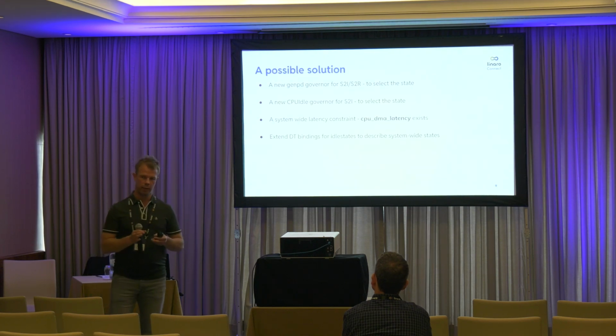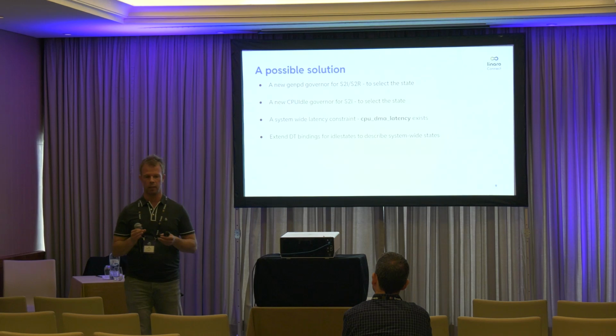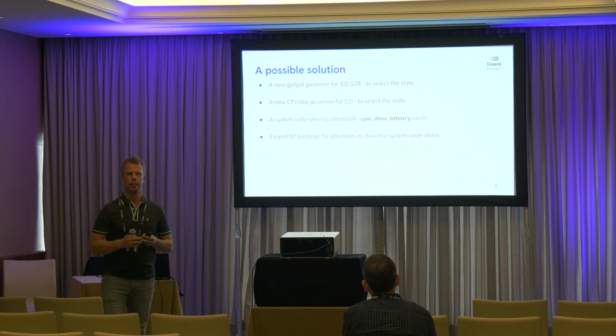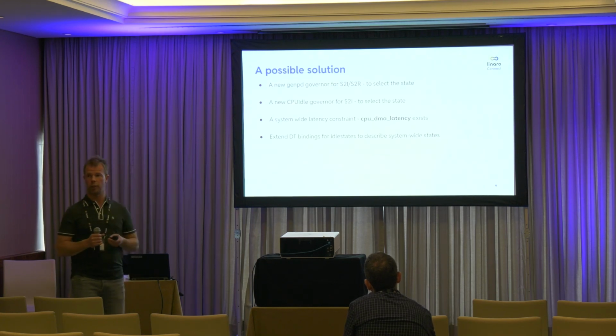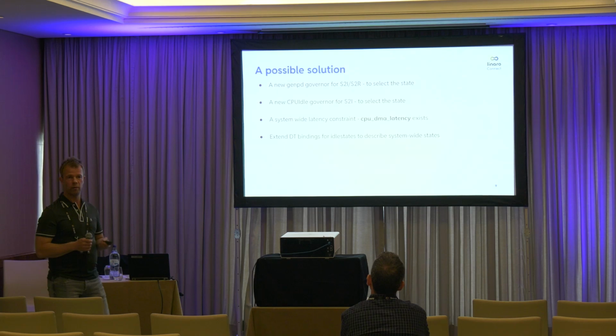Today, it's not being used for system-wide suspend. It's just being used in various drivers and the regular idle paths during CPU idle. So I'm thinking we could maybe use this for system-wide suspend too. If not, we have to find a new thing, I think.